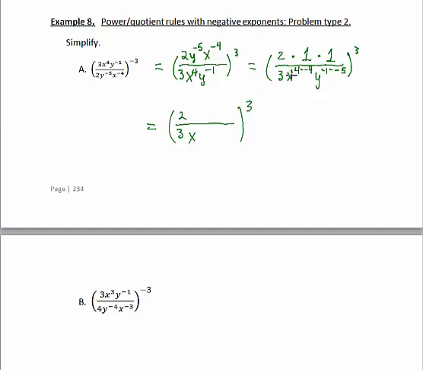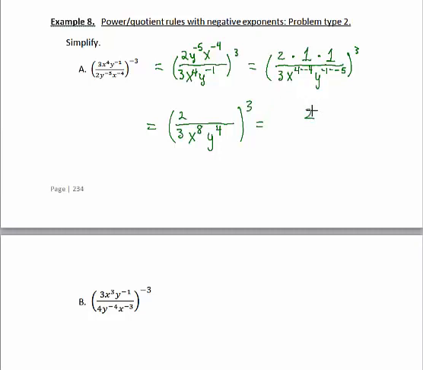That's going to give us a 4 minus minus is a plus. A 4 plus 4 is an 8. And then for the y, we have a -1 plus 5. That would be a 4 for the y. And so now we have it set up to where when we apply the product rule, we get positive exponents.